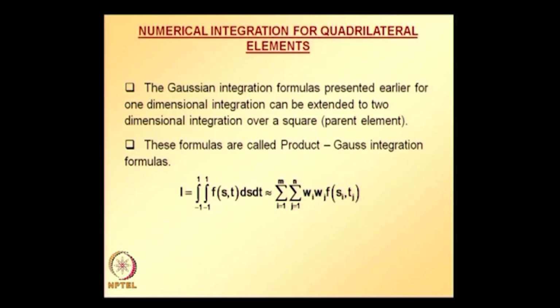So, at each point of this grid we need to evaluate this function, multiply with the corresponding weight, which is going to be Wi times Wj, and sum it up.